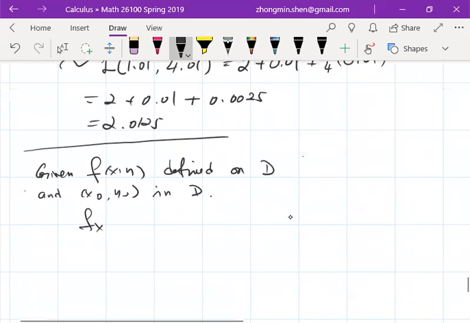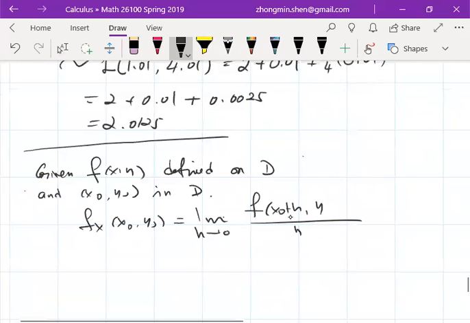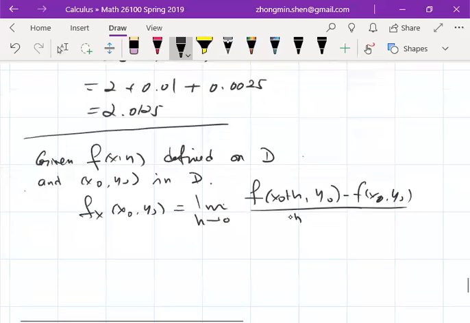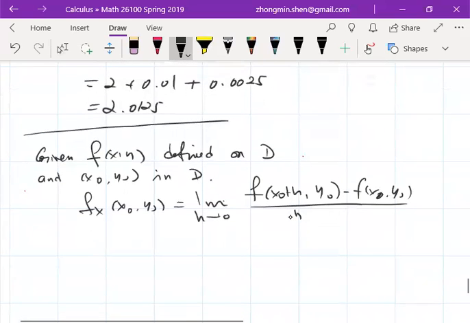So the partial derivative, remember, right, is defined to be the limit of f of x naught plus h, y naught, minus f of x naught, y naught, over h. Okay, so actually we view it as a one variable function, with the second one fixed. If the limit exists, then we say the partial derivative exists, right? That's the definition.